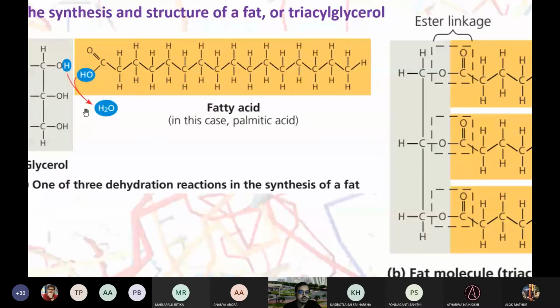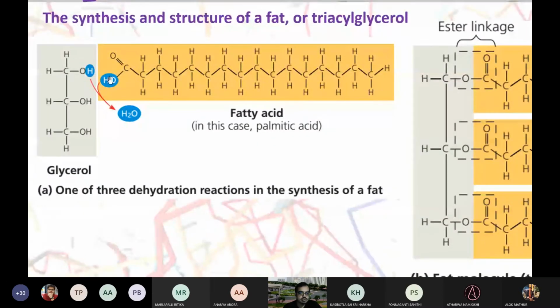So two compounds join together, a fatty acid chain and glycerol, through an ester linkage, and this final compound you can call technically a fat.